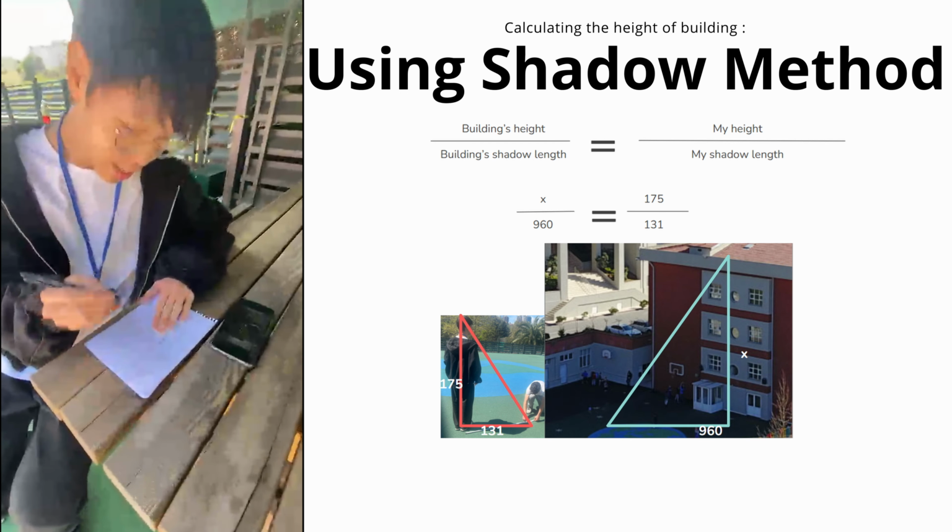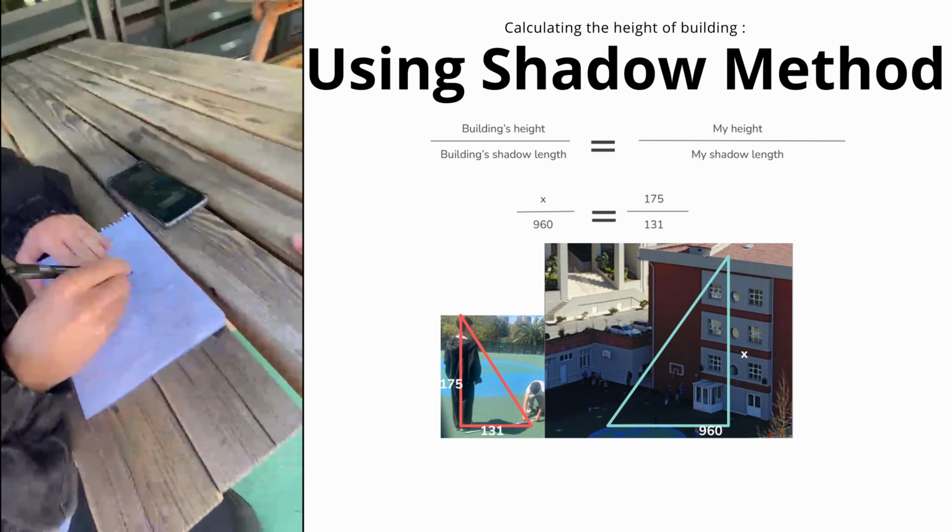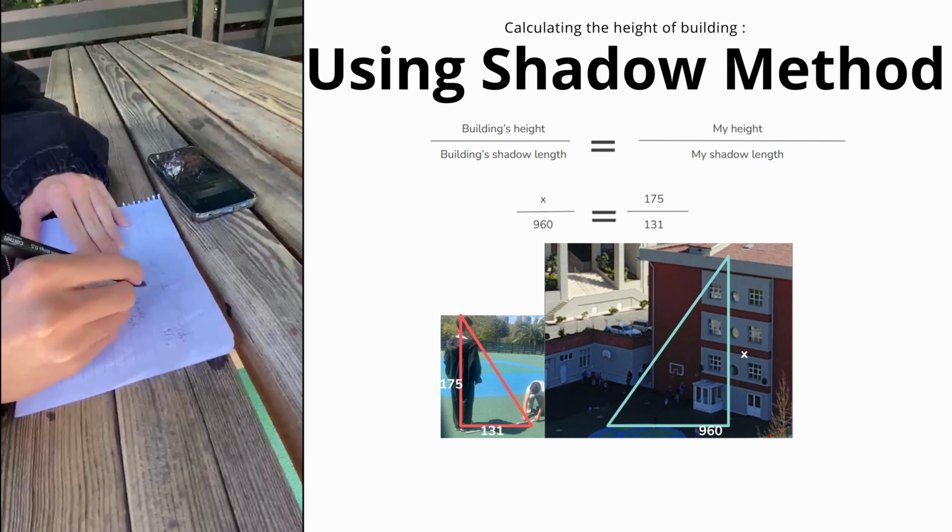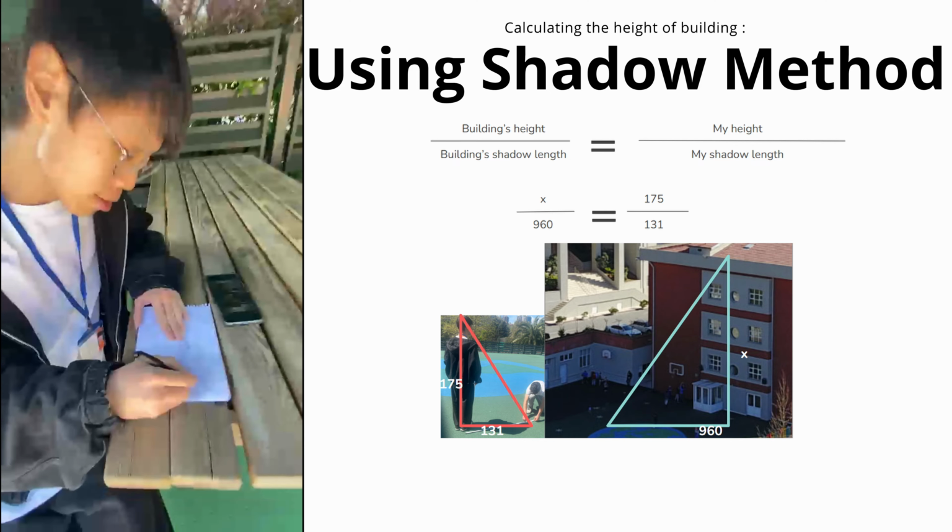So we got my height and shadow, in centimeters 175 and 131, and the shadow of the building is 960.